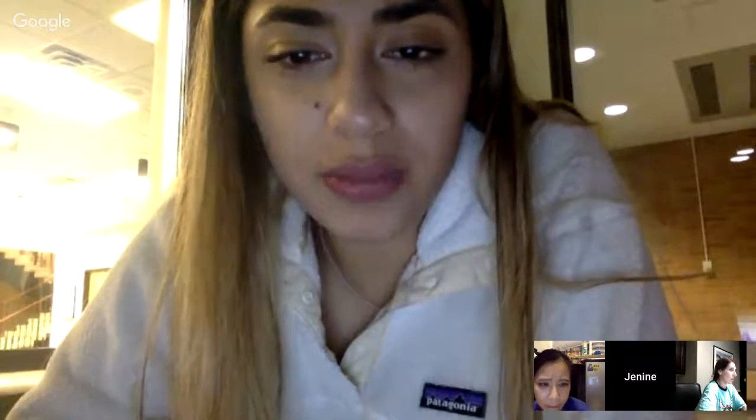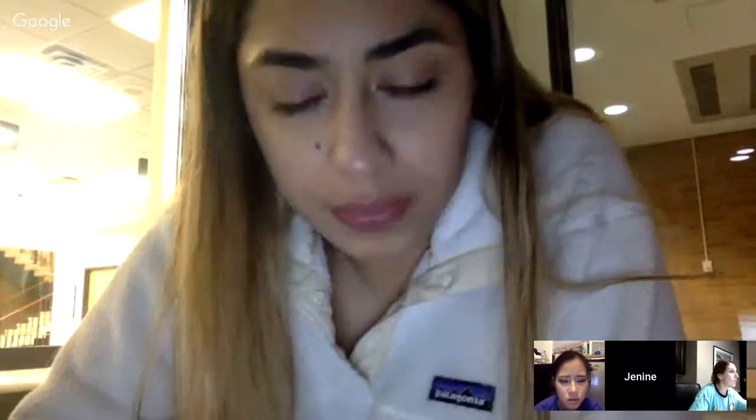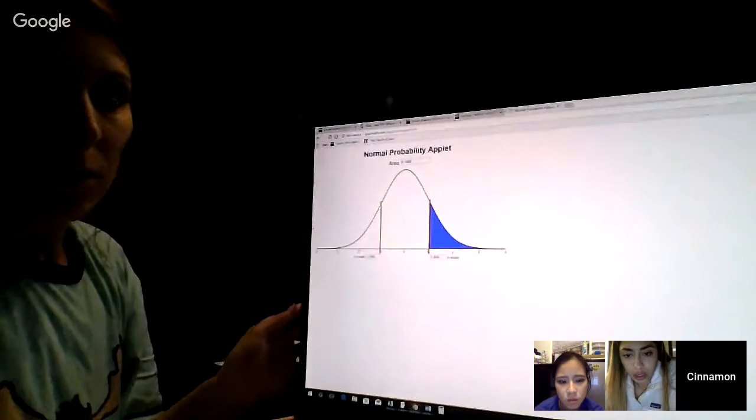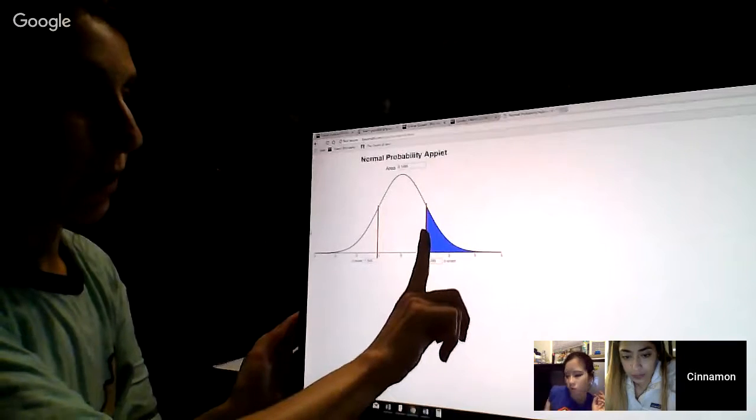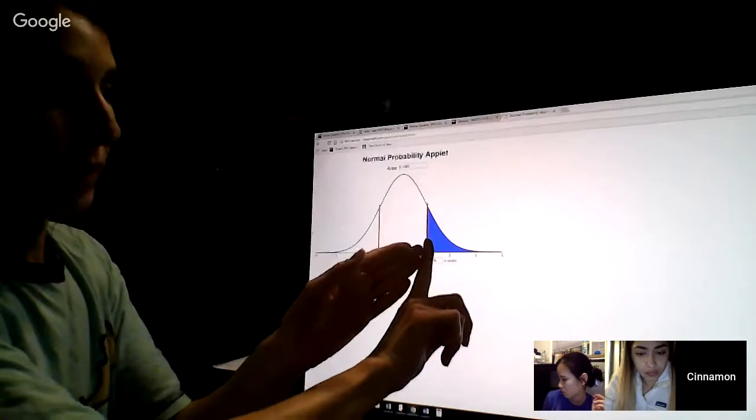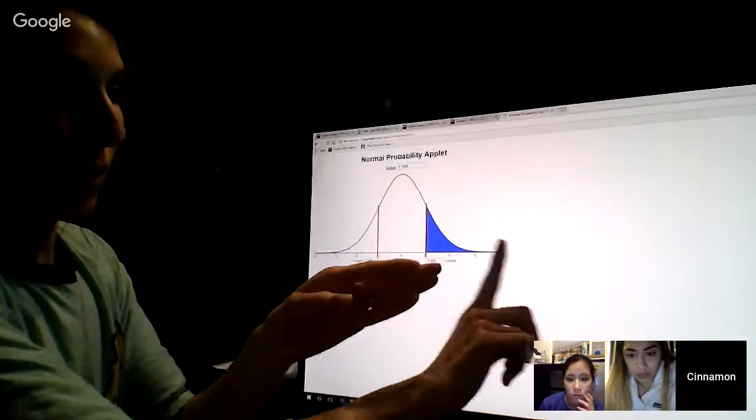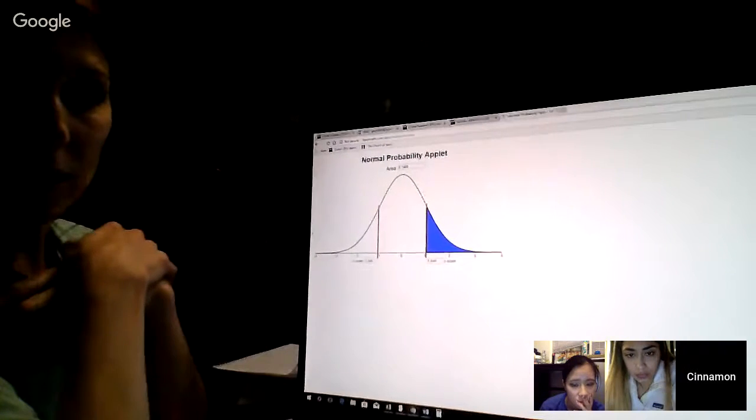Can you tell me how you did that? Okay, so you put your Z-score in right at the bottom. So 1.045. Now it's about the shading of it. We know that this is 160, and we want what's greater, so we just want to shade anything bigger than it.